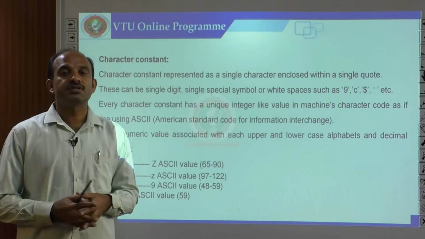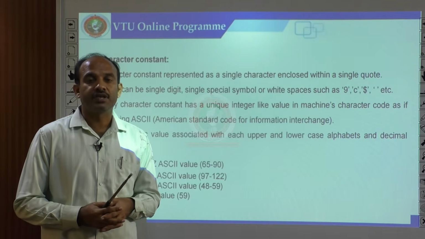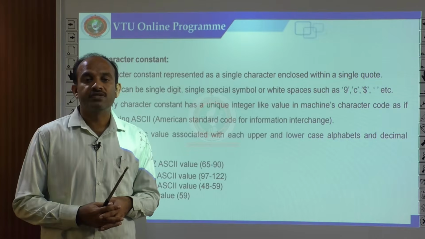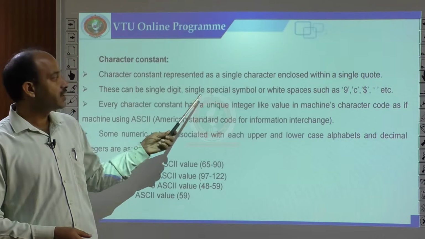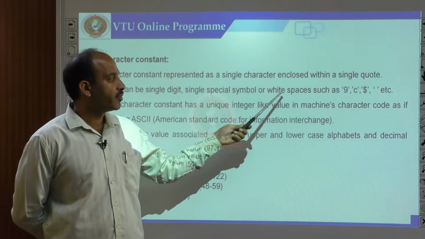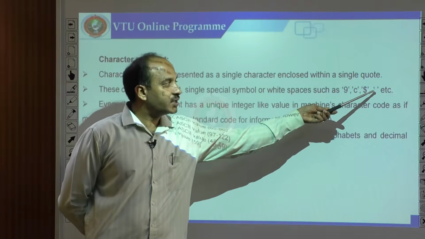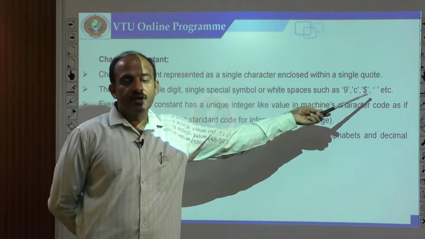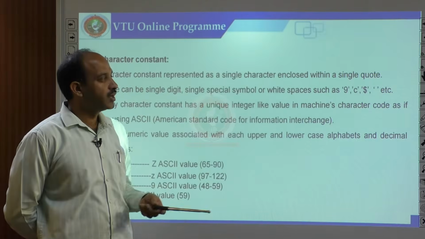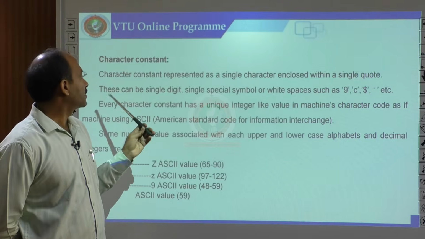Next, the character constant. A character constant represents a single character, always enclosed within single quotes. It can be a digit, a single special symbol, or white space. Even if it is a blank, that space within single quotes will be treated as a character constant.